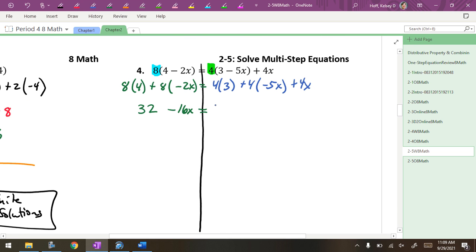Whoa, 12. 4 times negative 5x, so minus 20x and plus 4x. Anything I can combine on that side? Okay, so negative 20 plus 4, negative 16x. And I'm going to drag down the other side so that we are on the same level.